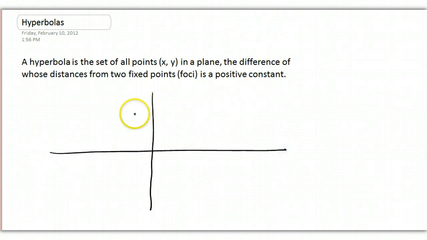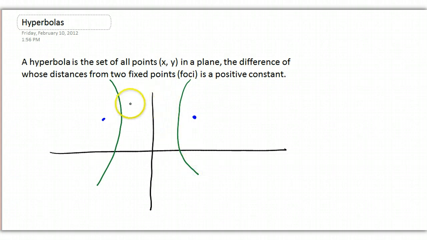And let's say that I've got my two foci, one there and one there. Then the hyperbola is this pair of curves coming around here. And their characteristic is such that if I pick a random point on that hyperbola, x comma y, and I measure the distance from that point to one focus and subtract the distance from that point to the other focus, I'm going to get a positive constant.